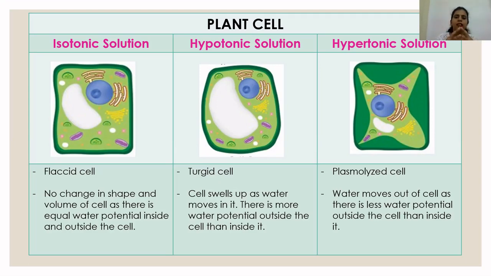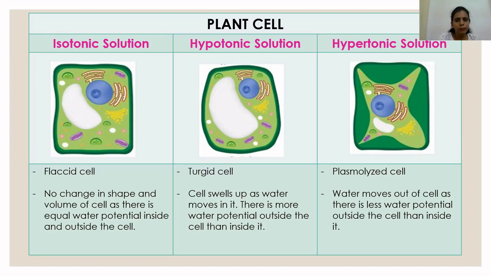The exact, sufficient amount of water which is supposed to be present inside the plant cell is present, but the excess is not, and hence there is no turgor pressure in the flaccid cell.